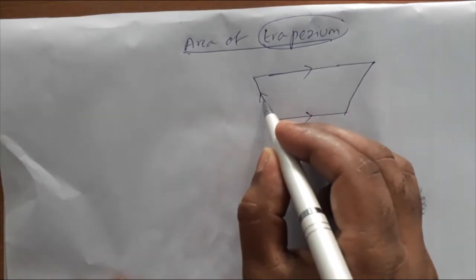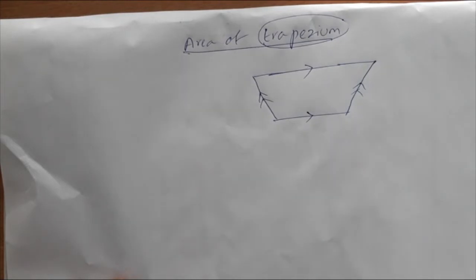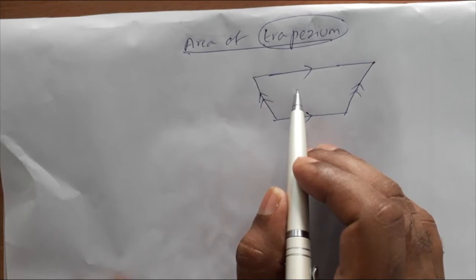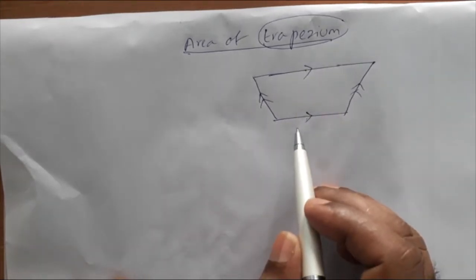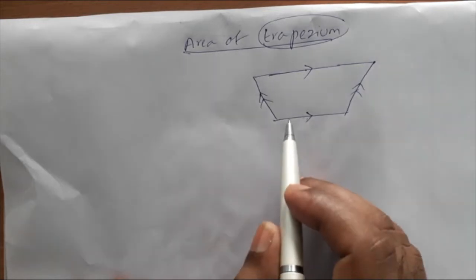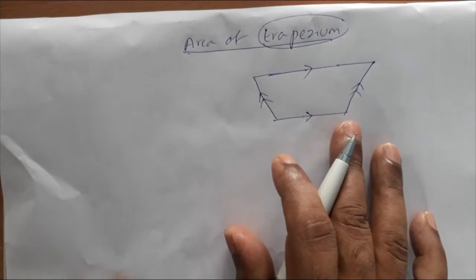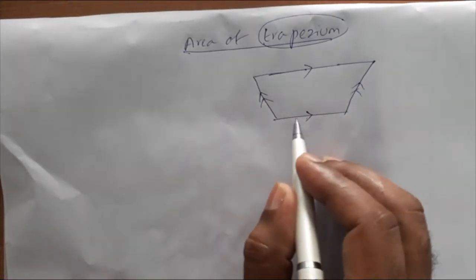And these two sides are not parallel. So how to define trapezium? Any quadrilateral in which one pair of opposite sides are parallel, then we can say that quadrilateral is a trapezium. So now we know the definition of trapezium. We will see how to find area for this.